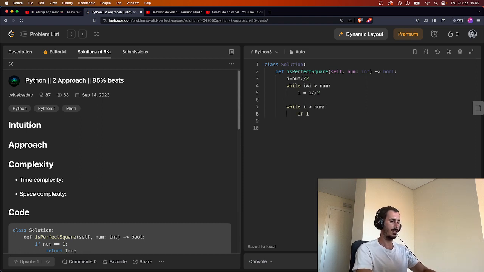If i times i is equal to num, we return true. Actually, we can do i times i smaller than num, we do that, return true. And then i plus equals 1, and if it goes over, we return false.